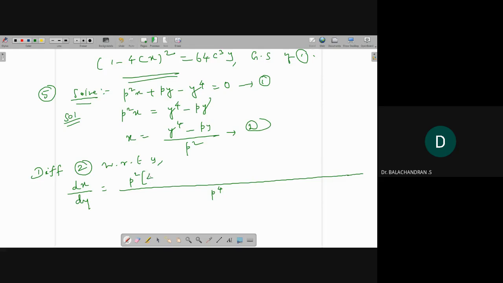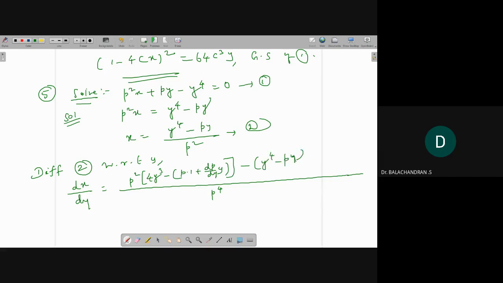4 y cube minus p into y, uv method. P into, if you differentiate y, you get 1, plus if you differentiate p with respect to y, dp by dy, bigger bracket, minus y power 4 minus py.